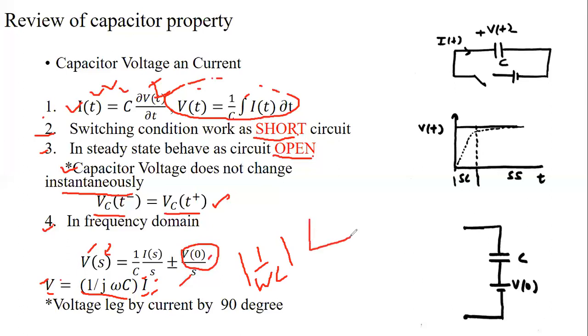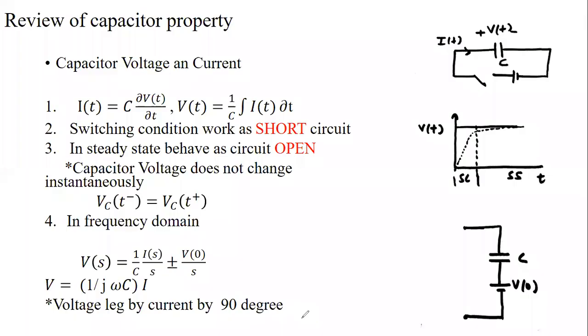If we assume the initial phase of I is theta, then the phase of V becomes theta minus 90 degrees. So if current is given, how can we find the voltage? Multiply the current I with 1 upon omega C and reduce the angle by 90 degrees, or we can say the voltage lags the current by 90 degrees across the capacitor.